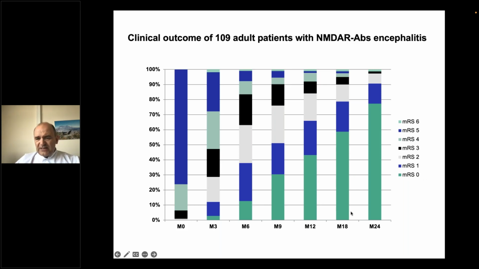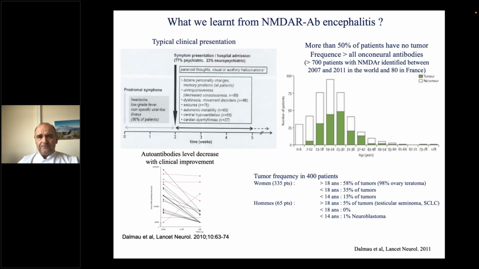And you can see that at 24 months, most of the patients, 80% of the patients, are MRS between 0 and 1, and so are totally independent and go back to their work. But you can see that the evolution is very long, and 2 years in a woman of 20, it's very long, and a big change in the life of this woman.